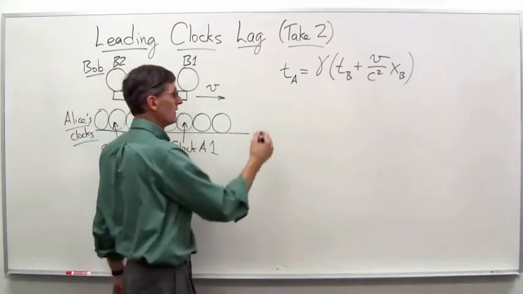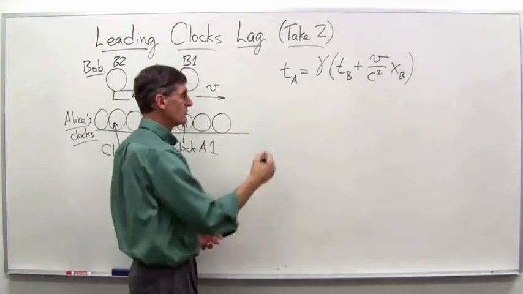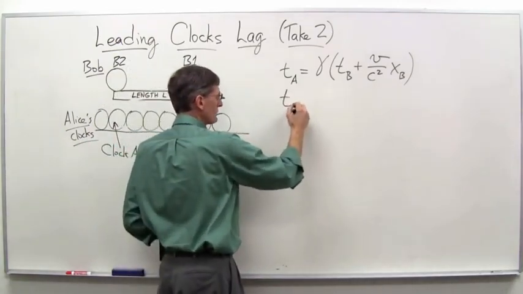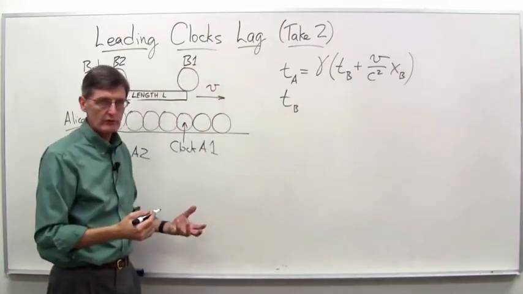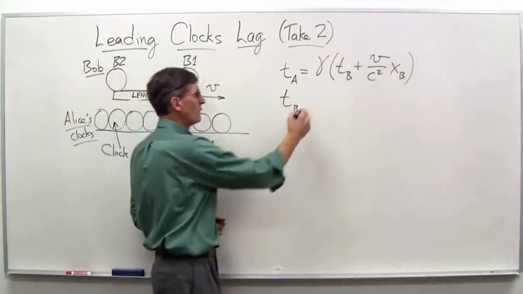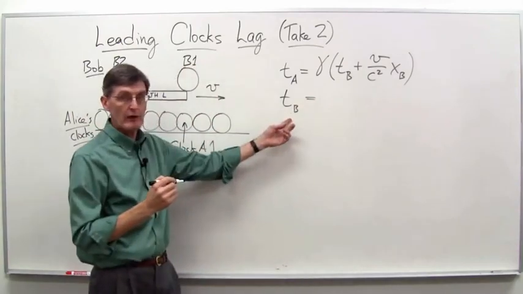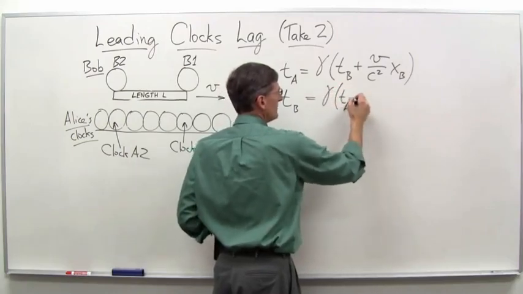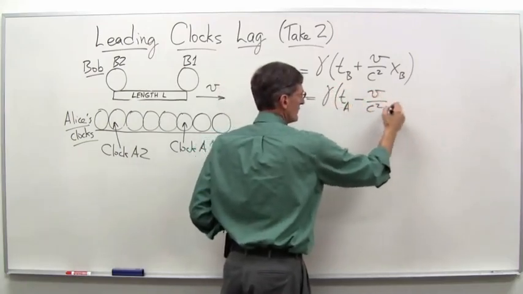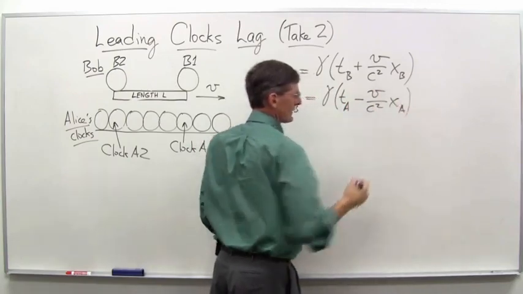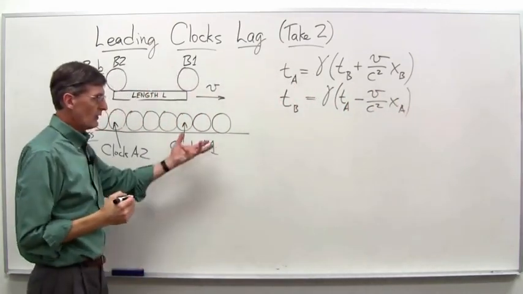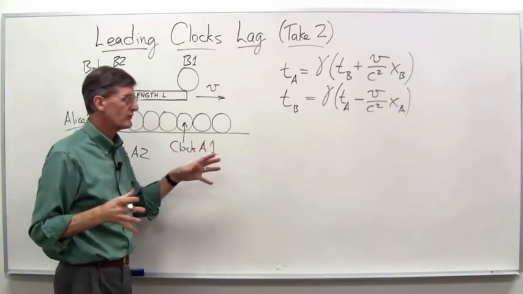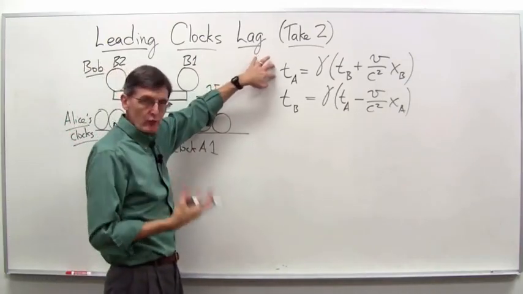So that's one. If we wanted the inverse transformation, say we were given Alice's coordinates and I wanted to find a time for Bob on one of his clocks, it'd be gamma times T sub A minus V over C squared XA. As we said before, it's usually best to memorize one form.